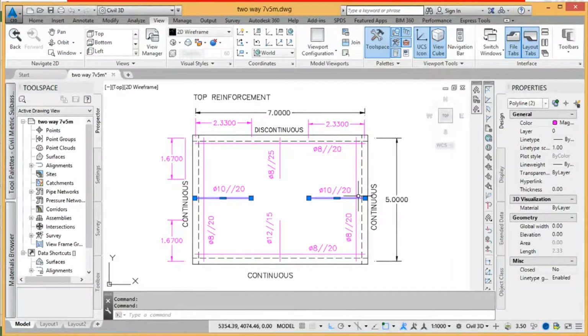The length of this reinforcement will be 1/3 of the longer span, 7.